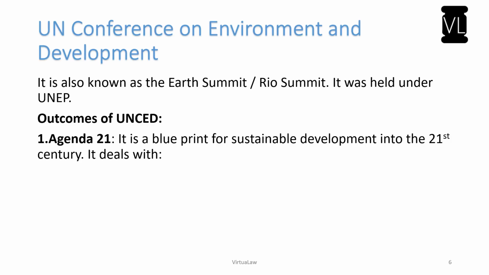So Agenda 21 is nothing but what is expected from the people in the 21st century, and what level of goals the companies or the countries should have for the 21st century.